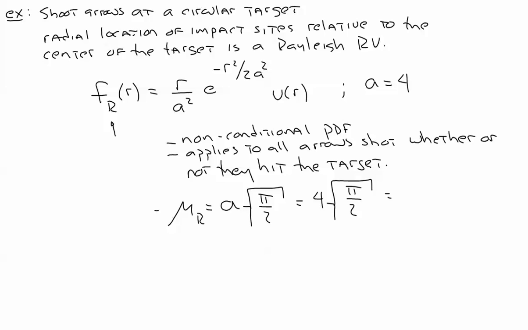And that turns out to be, well, we'll say A is 4 inches. So the non-conditional mean radius of impact sites for all the arrows that are fired at the target, whether or not they hit the target, is 5.013 inches.